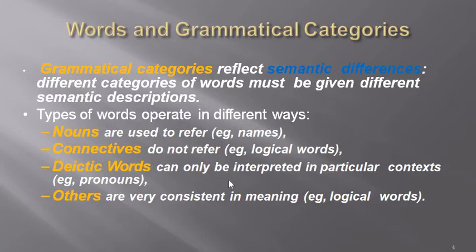Lexical semantics basically focuses on the relationships among words and between words. So in this lecture on lexical semantics, we will specifically focus on the noun and verb categories of the grammatical categories, because there are other categories: pronouns, adjectives, adverbs, connectors, and conjunctions. But here we will focus on nouns and verbs.